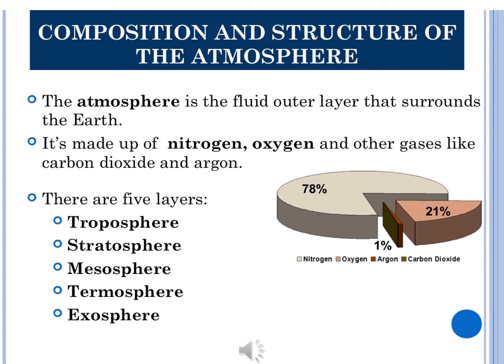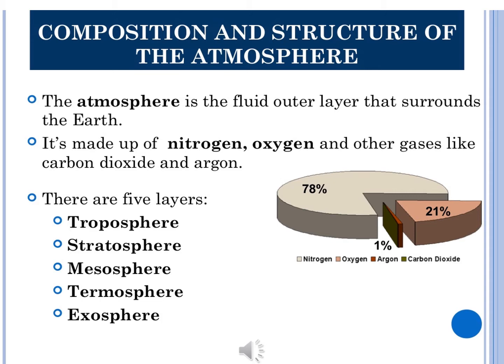Actually, it's 0.93. It's not only argon; there is a combination of very many gases, and when we put them together, we call them rare gases. Therefore, in conclusion, the atmosphere is made up of nitrogen, oxygen, carbon dioxide, and rare gases.